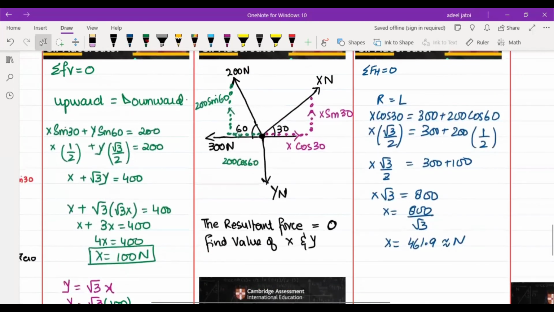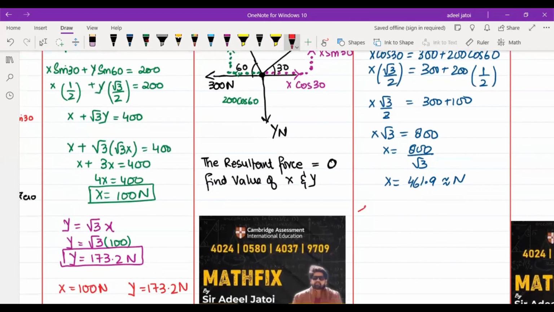Now, let's just work upon the vertical forces as well. Summation of force vertical is also equal to 0, which means up minus down is equal to 0, so up is equal to down because of the force equilibrium, right?